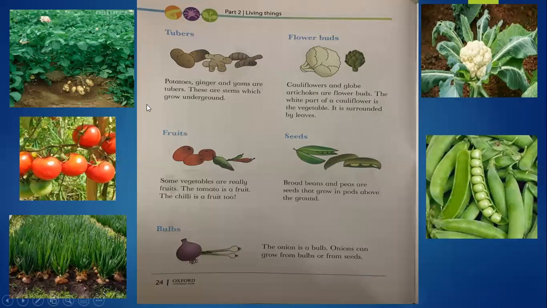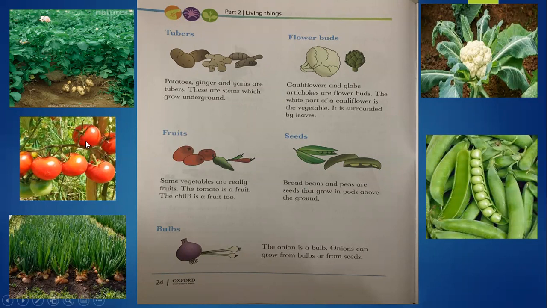Tubers. What are tubers? Potato, ginger, and yams are tubers. These are stems which grow underground. These are not roots. These tubers are stems and they grow inside the ground, just like potatoes, ginger, and yams. Then fruits.